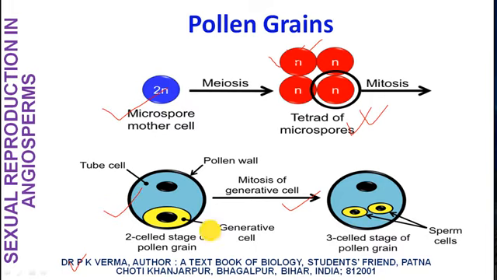One nucleus forms the generative cell and another forms the vegetative cell. It is also sometimes called tube cell. In most cases, when the pollen grains start germination, then the generative nucleus again divides to form the sperm cells or the male gametic nuclei.